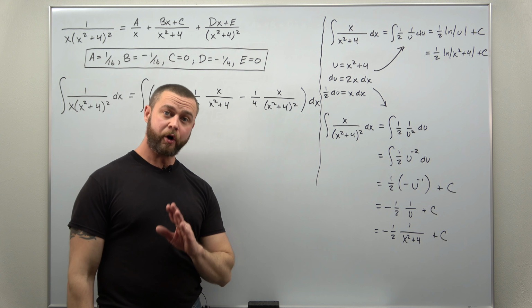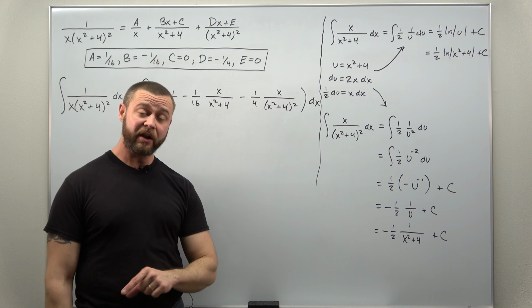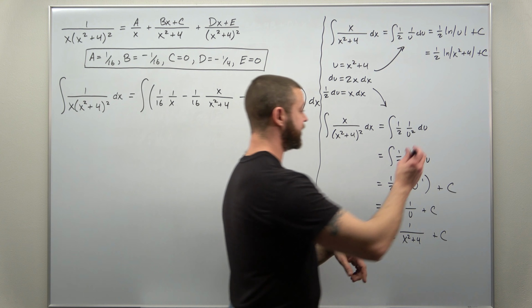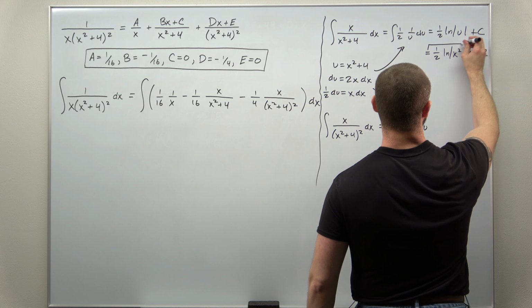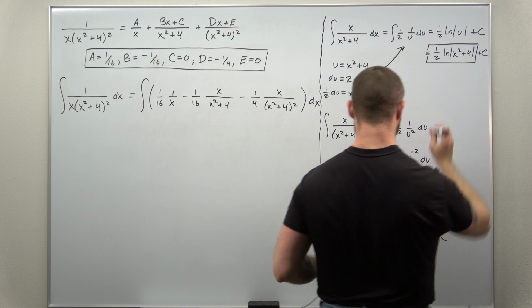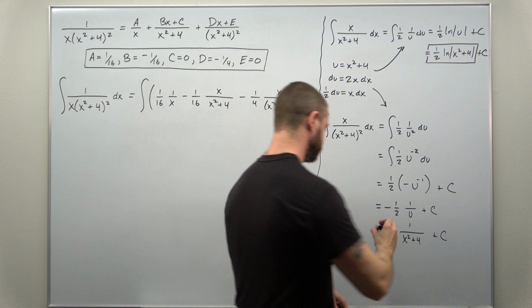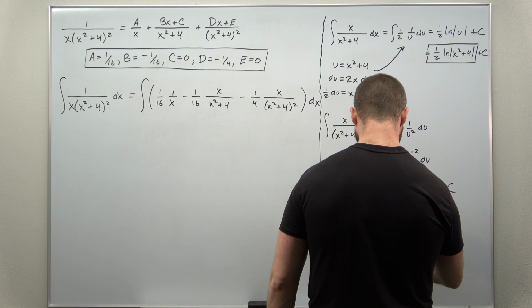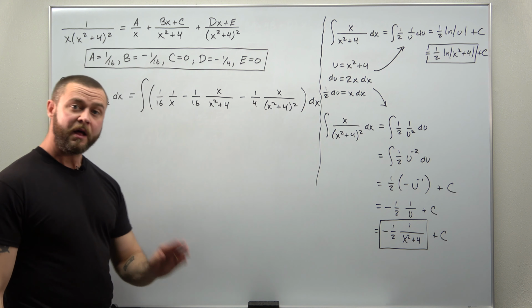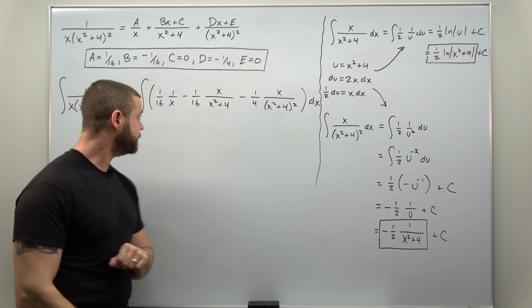All right, and that is pretty much all of your work here. Let's just highlight the antiderivatives that we just calculated. We need this part, and we need that part. We just need to plug those back in here, and we are basically done.